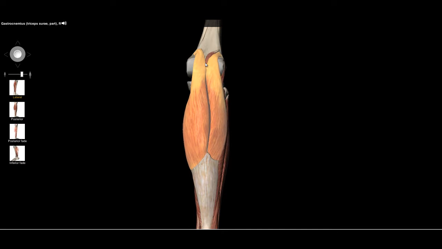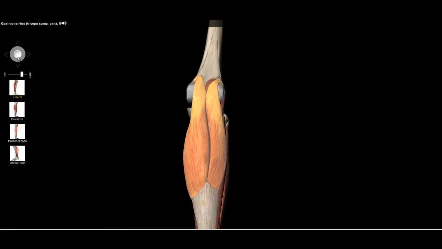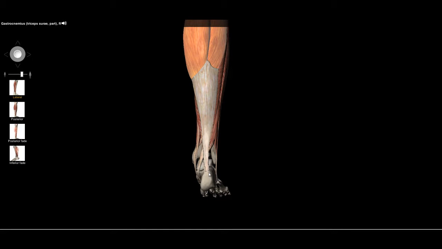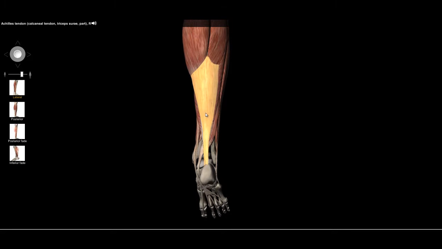And it's a bipinnate muscle, so we have a nice intermuscular septum that comes down, and it blends with the Achilles tendon, where it will insert into the superior aspect of the calcaneus, again via the Achilles tendon. And we have multiple muscles that attach to the Achilles tendon, the Gastrocnemius and the Soleus. We'll talk about the Soleus here in a second.